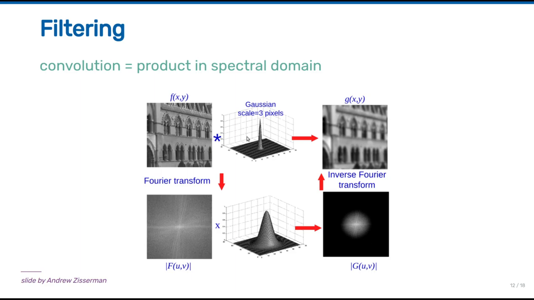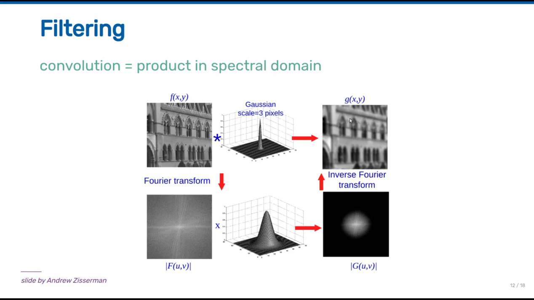If you want to define the convolution, which is denoted by this symbol, with a kernel to obtain something, well, what you can do is first go in the Fourier domain, so compute the Fourier transform of your original signal. Then instead of taking a convolution here, you are just taking a product with the Fourier transform of your kernel. You obtain here the Fourier transform of the result of your convolution.